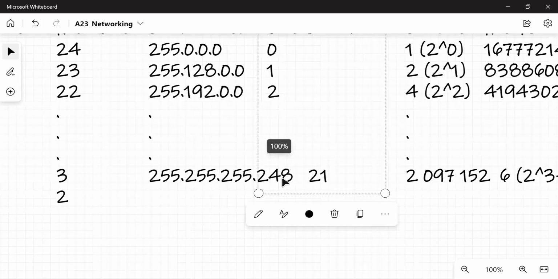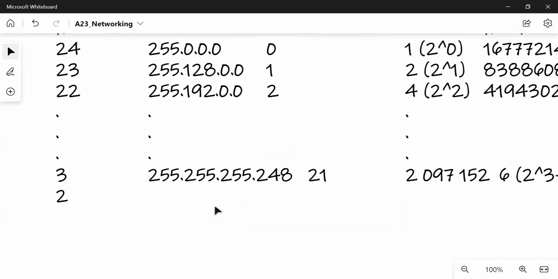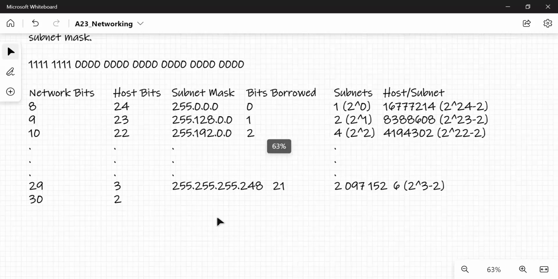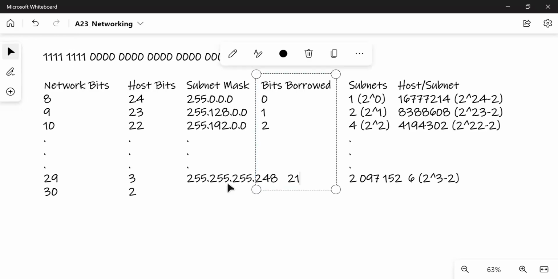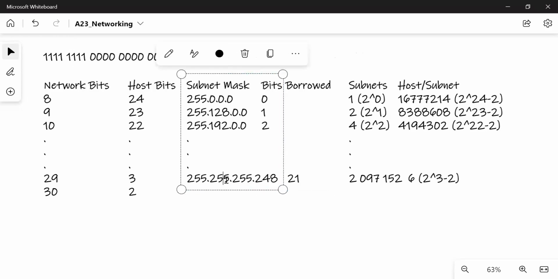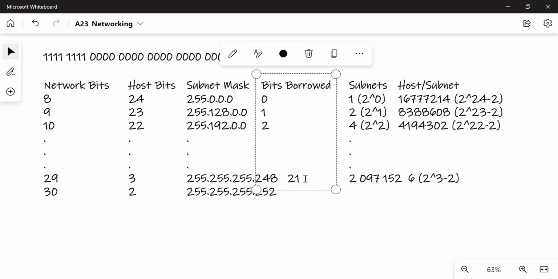And then when you have borrowed 22 bits, the subnet mask will be 255.255.255.252, which means the number of bits borrowed becomes 22.